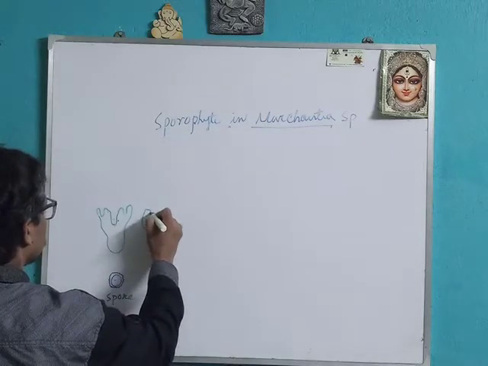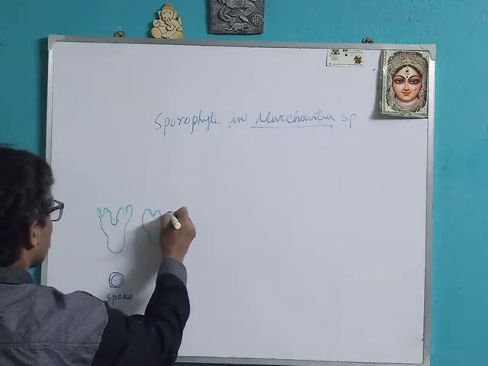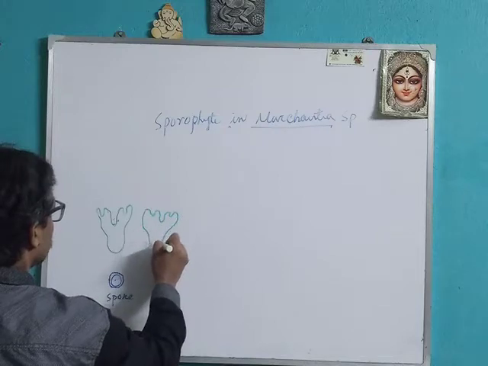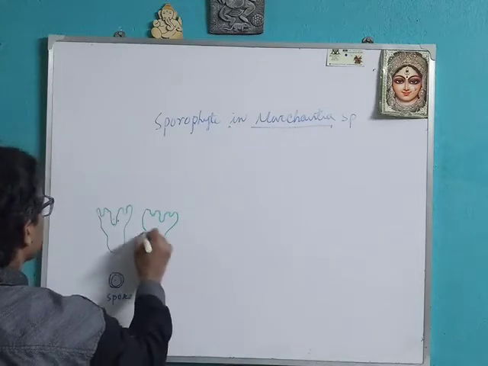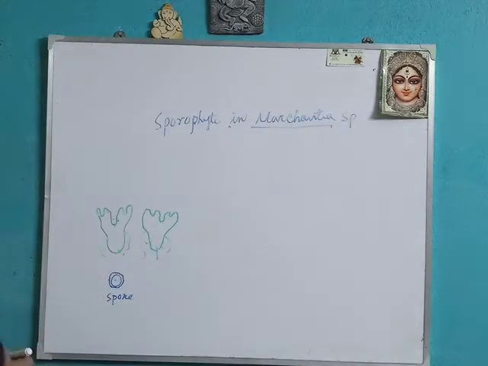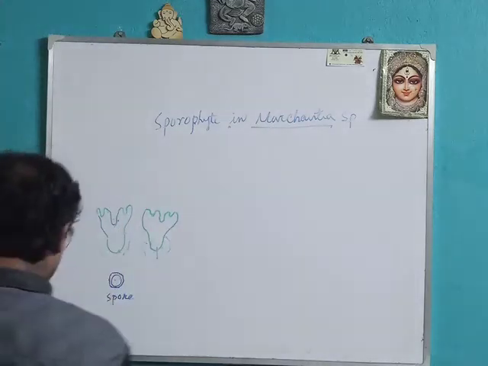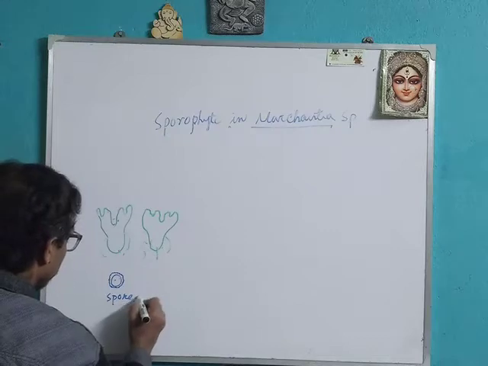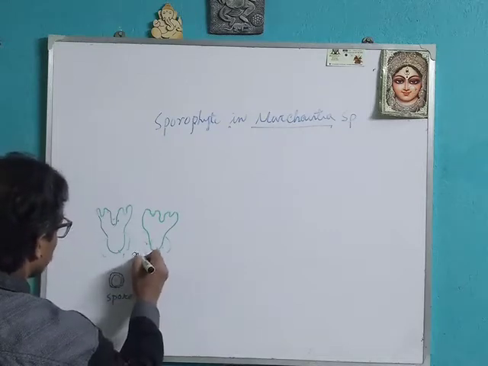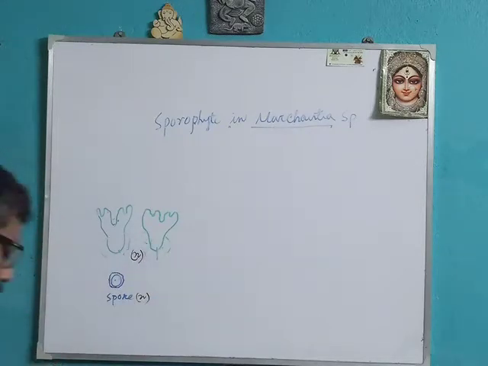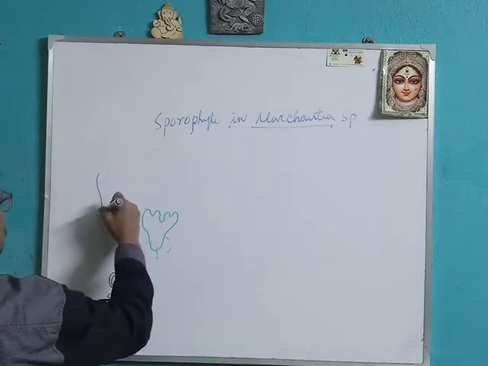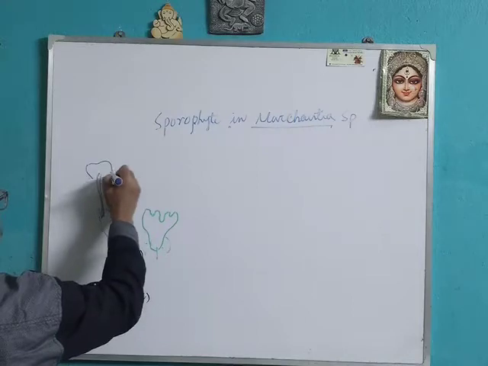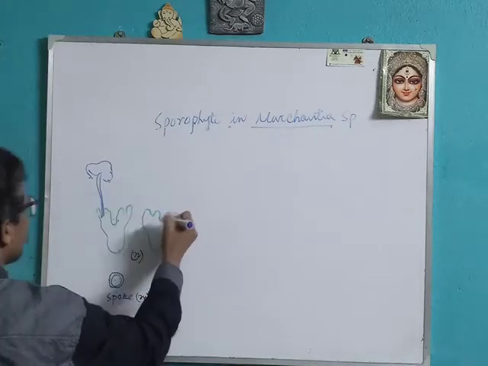So this kind of structure, with scales, rhizoids and all these things, is the gametophytic plant body. The spore is haploid, so these are also haploid. If antheridiophores arise, it is a male plant body.